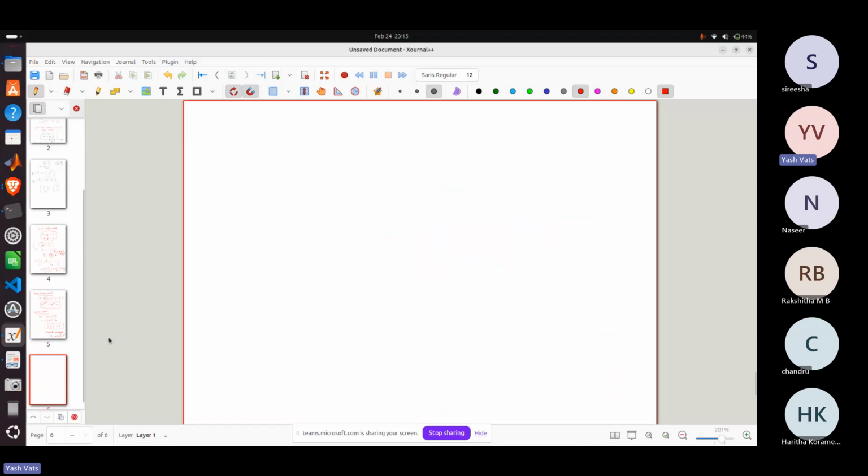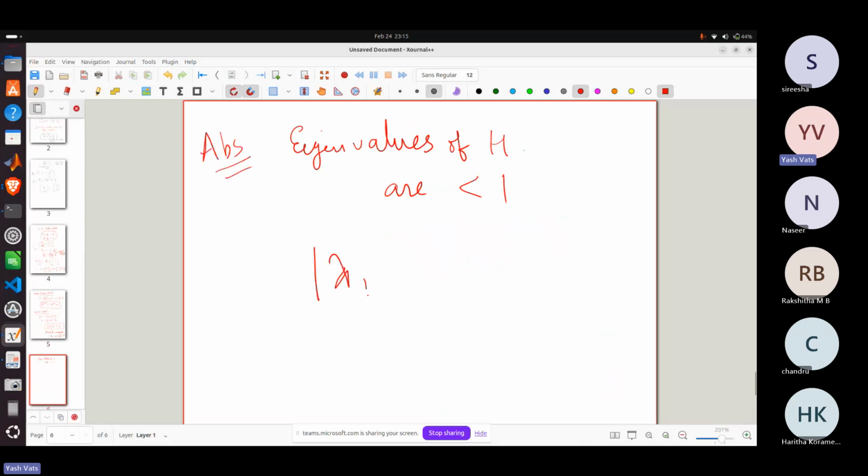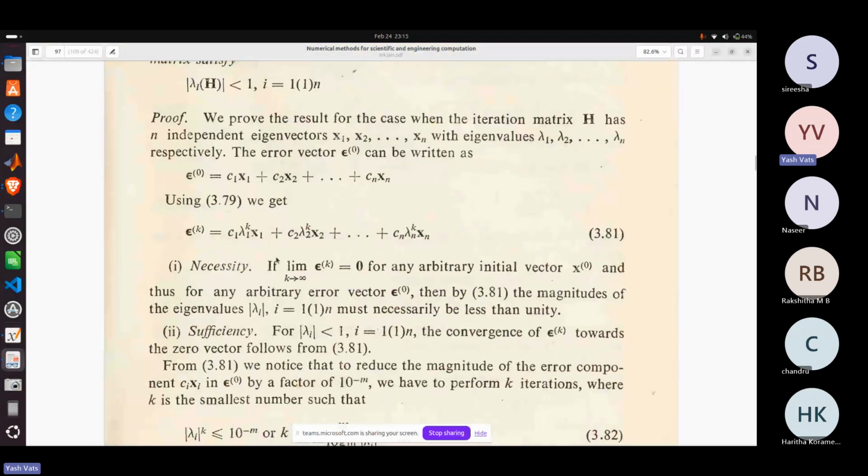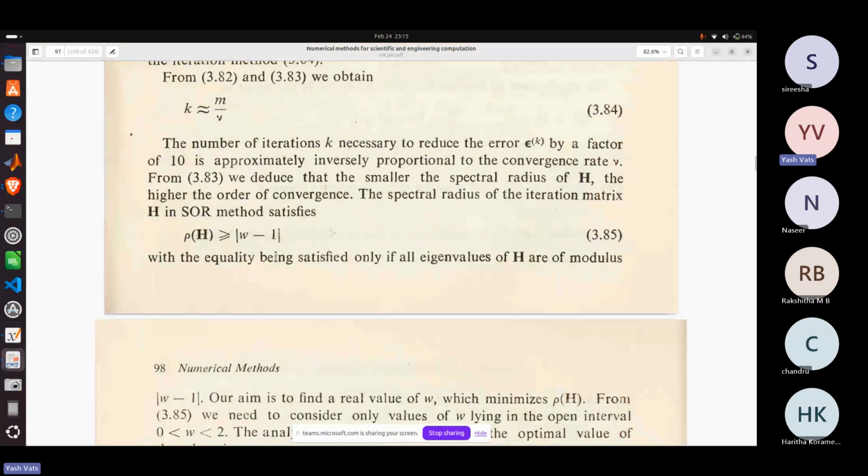The absolute eigenvalues of H, lambda of H, should be less than 1, strictly less than 1. Then your method is converging. There are some proofs for that.